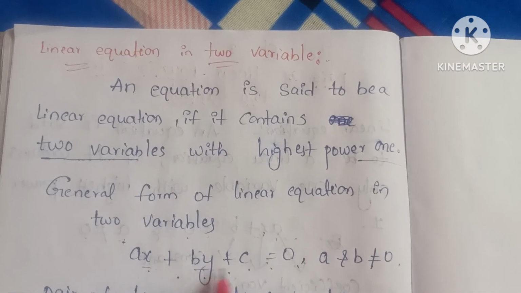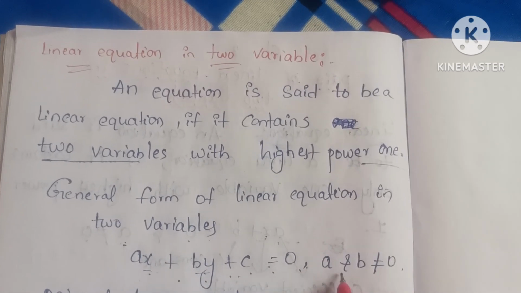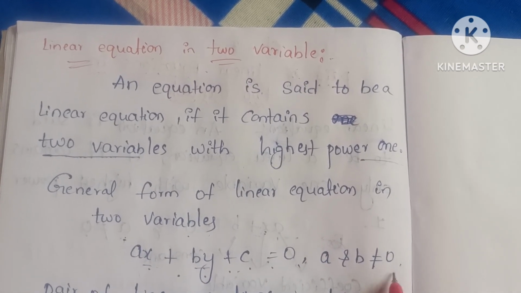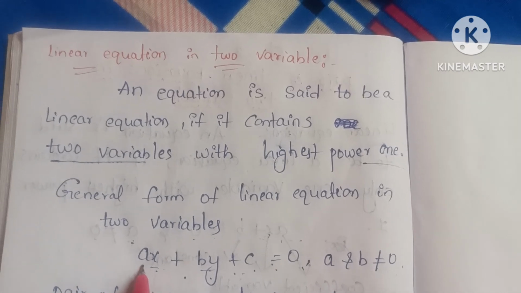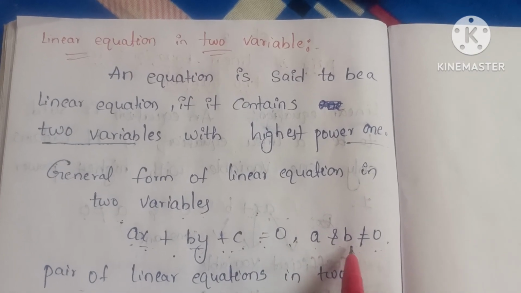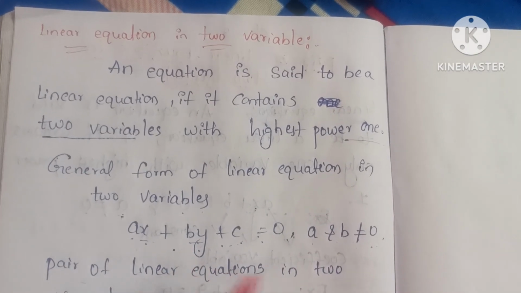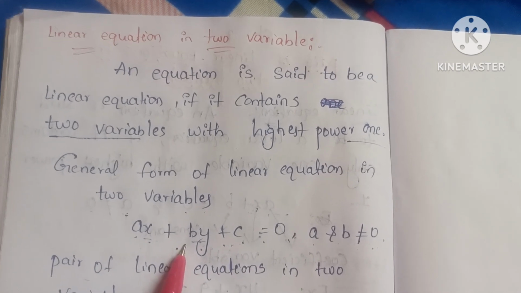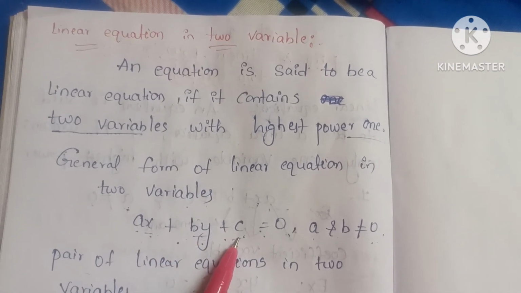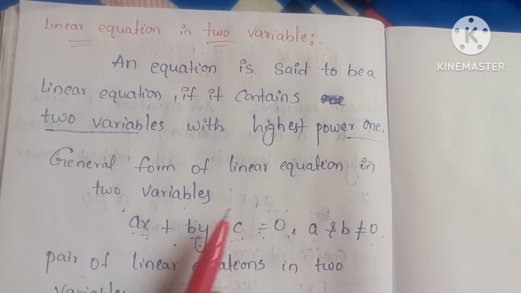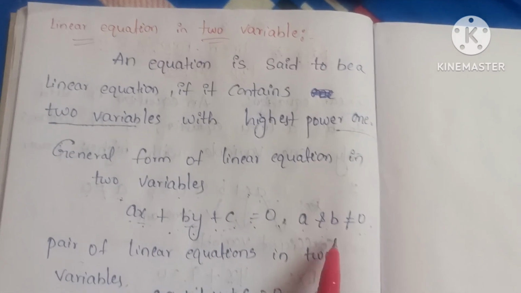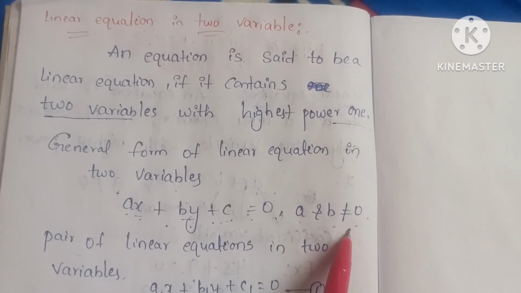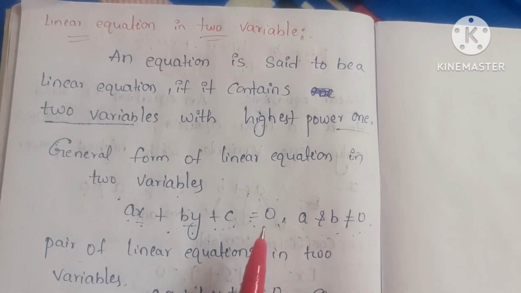And a, b, c are the coefficients, and a and b are not equal to 0. Suppose b is 0, then what happens? It becomes ax plus c equals 0, so that is a linear equation in one variable. So a and b should not be 0.